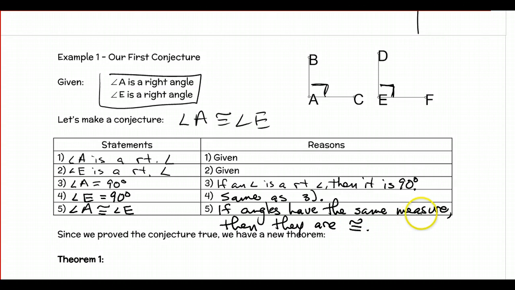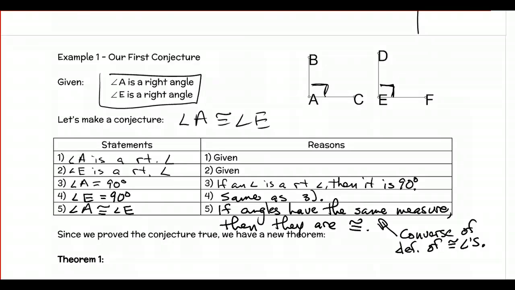So really what I have here in reason number 5, this is the converse of the definition of congruent angles. So it's going to be very important that you realize whether to use the actual definition or to use the converse.